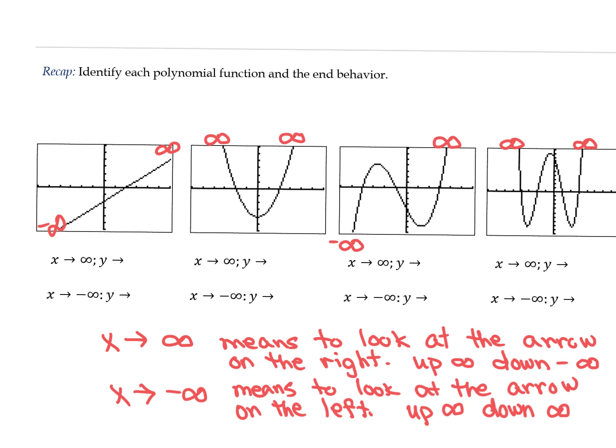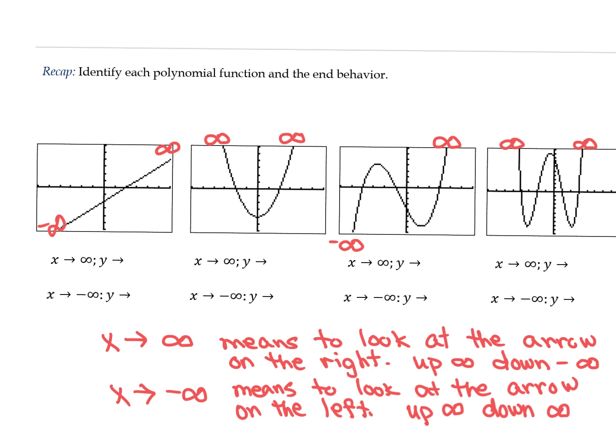So everything to the right of 0. X approaches negative infinity is talking about the x values on the left-hand side of the origin, which are the negative x values. So what I have done in each one of these is I have labeled my arrows on my graph.